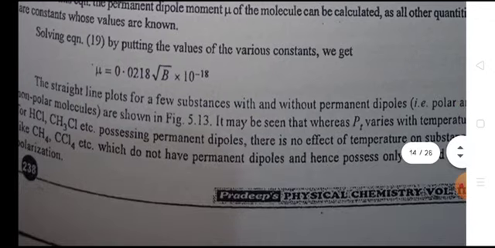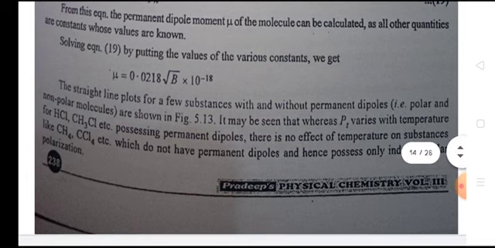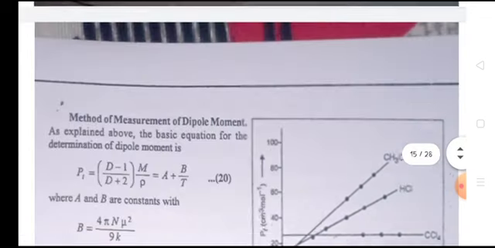The straight line plots for substances with and without permanent dipoles are shown in figure 5.13. It may be seen that whereas PT varies with temperature for HCl, CH3Cl, etc. possessing permanent dipoles, there is no effect of temperature on substances like CH4, CCl4, etc., which do not have permanent dipoles and possess only induced molar polarization.